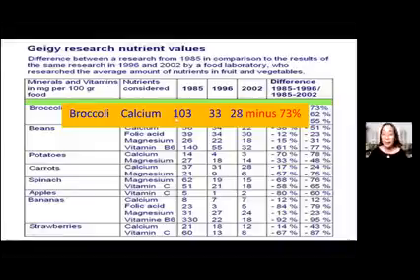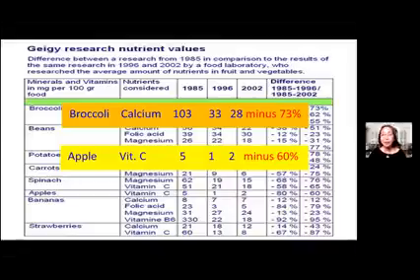Sad to say, they took it again in 2002, years after. It's now 28, minus 73%. So even if you think that you are taking calcium from the broccoli, sad to say, you're not getting enough.